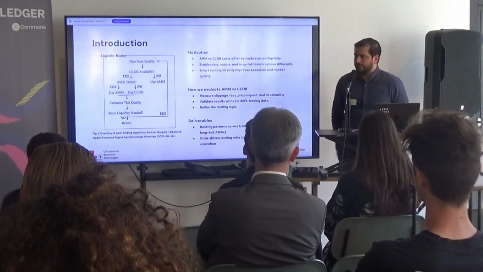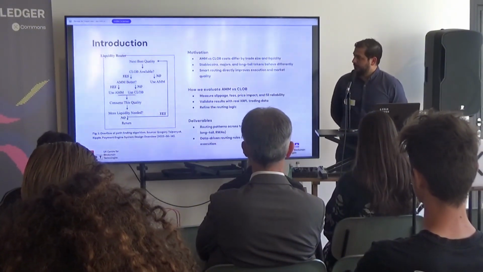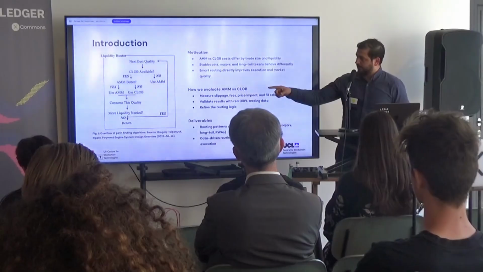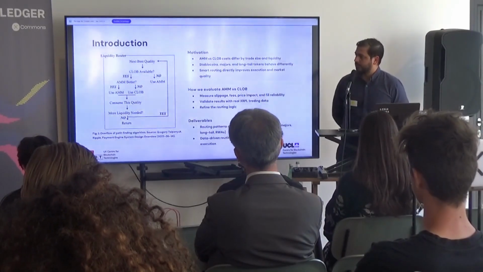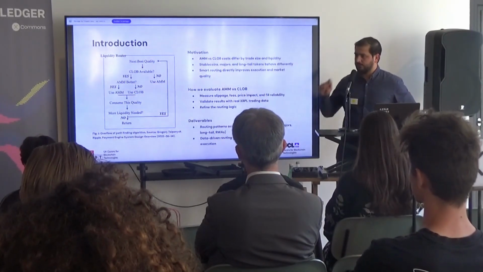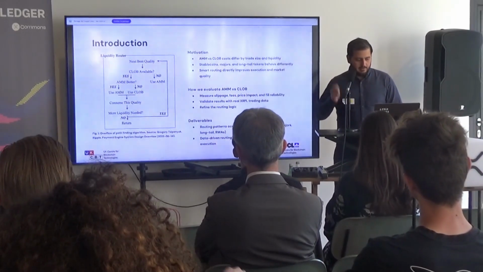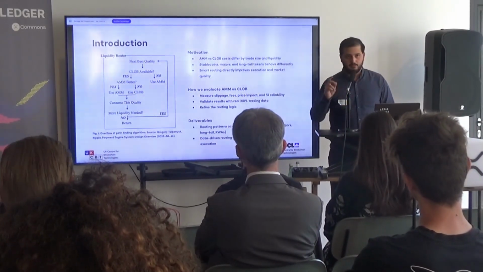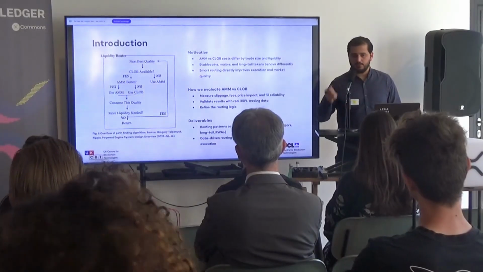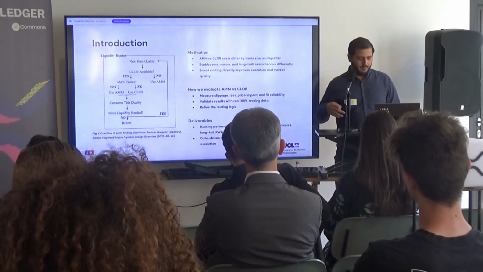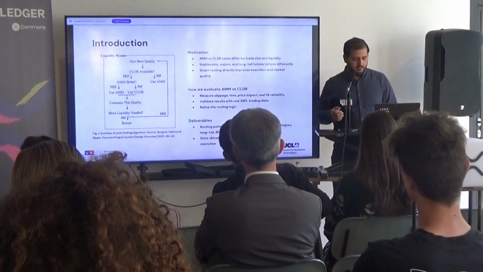Now, before we enter more directly into the topics, you see the figure here on the right that says liquidity router. The idea is that you, as a trader, come and execute a trade. For example, you have your XRP token and you want to buy Ripple USD, the stablecoin.